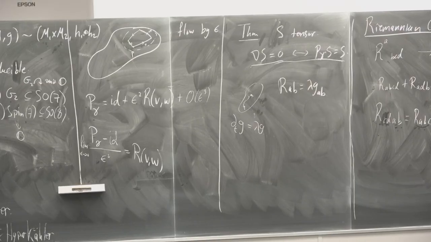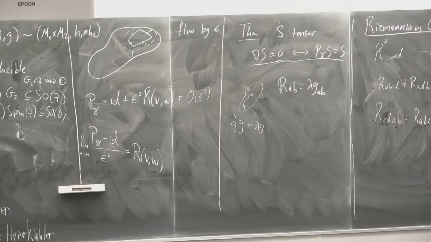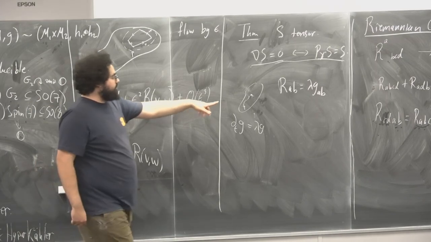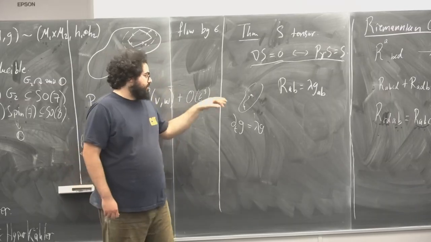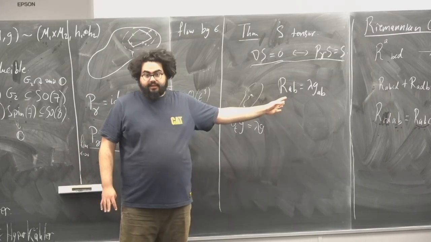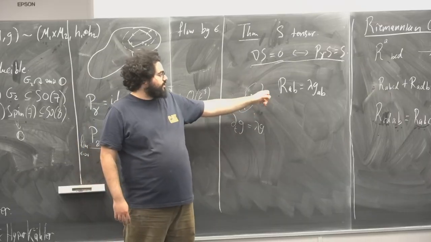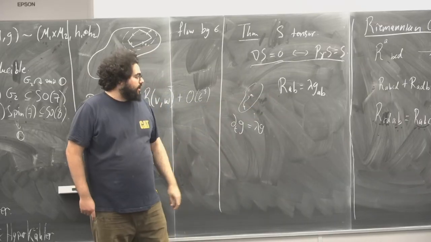I guess if you plug it into the Einstein equations, then you might get something. That is the Einstein equation. When we say Einstein in math, they mean this. In physics, the T is that. Oh, there's no T in here. It's just R_ab equals lambda g_ab.